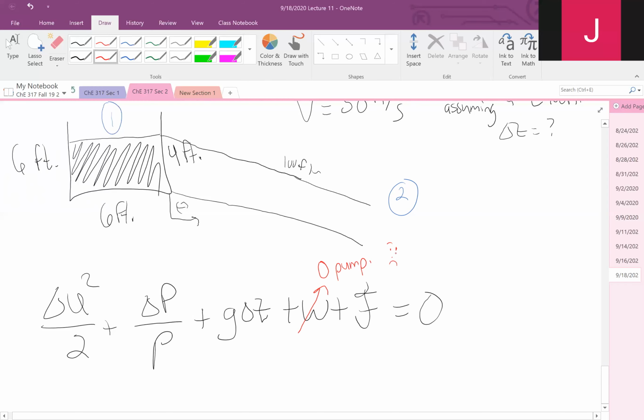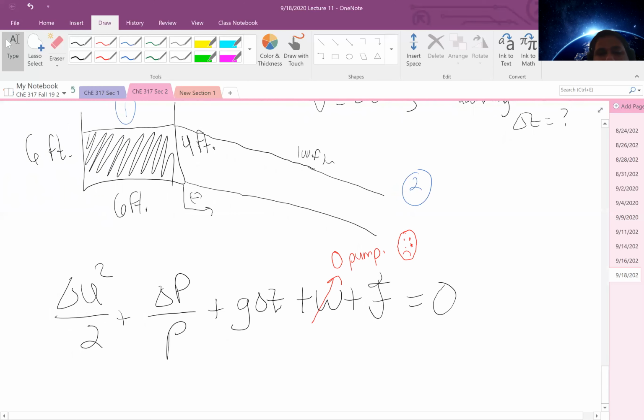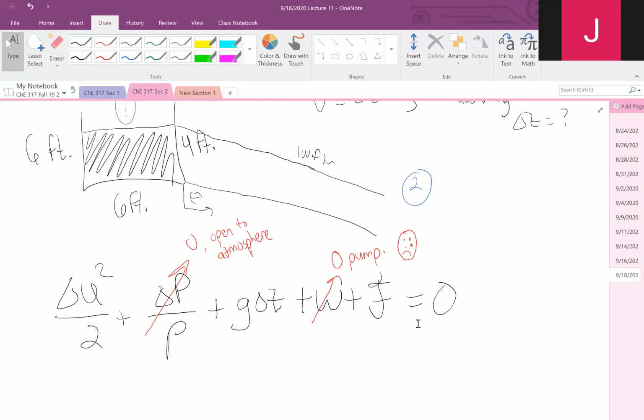And what about the pressure drop? Yes. It's open to the atmosphere. Anything else? I didn't see friction mentioned, so can we cancel the friction? No. You could last week, but not this week.